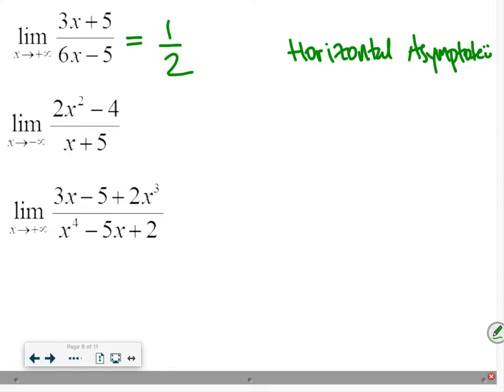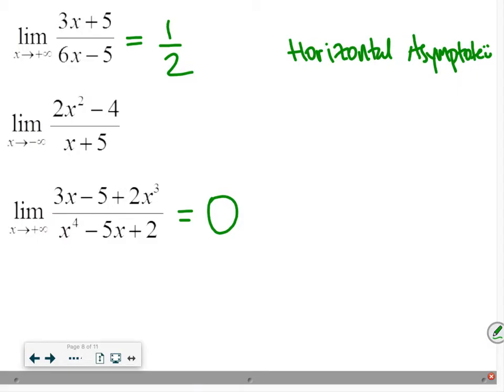If our degrees are the same, the horizontal asymptote is the coefficient ratio. If the denominator has a larger degree, our horizontal asymptote is at 0. If your denominator has a higher degree, that polynomial is getting bigger in the denominator faster than the numerator, so you're going to approach 0.